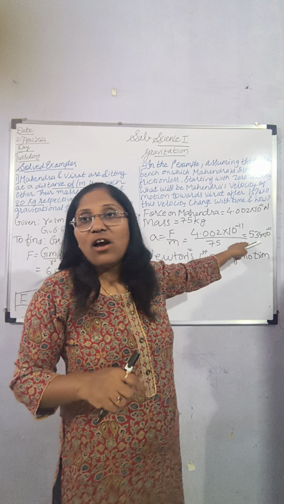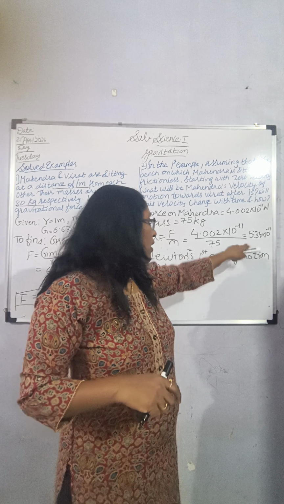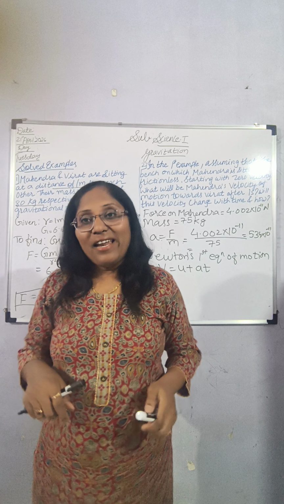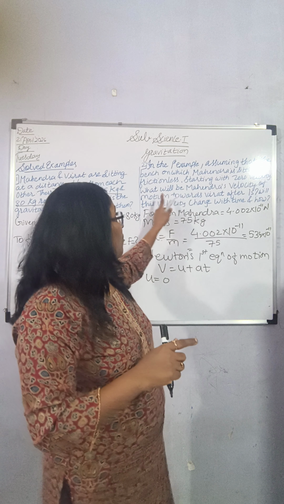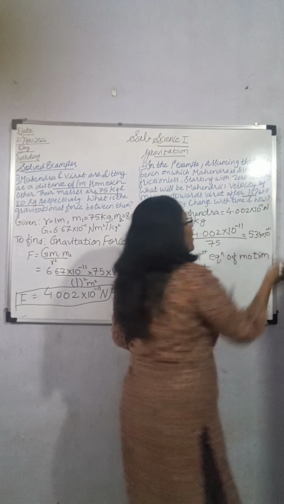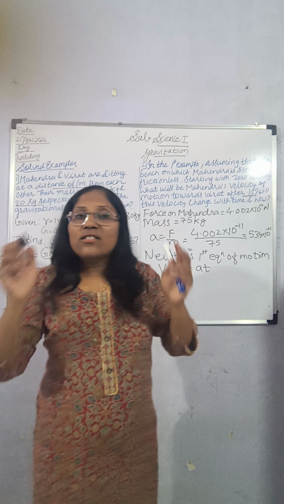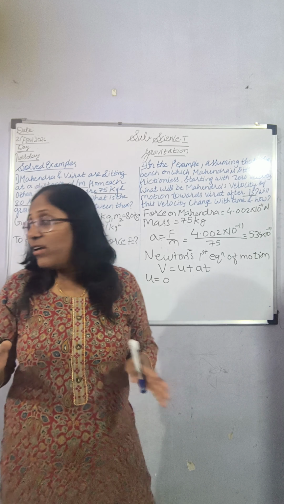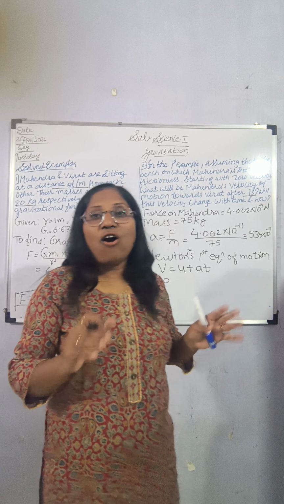Acceleration we had found over here: 5.34 into 10 raised to power minus 11. And the time given is 1 second. So substituting all these values in this formula, we will be finding his velocity.